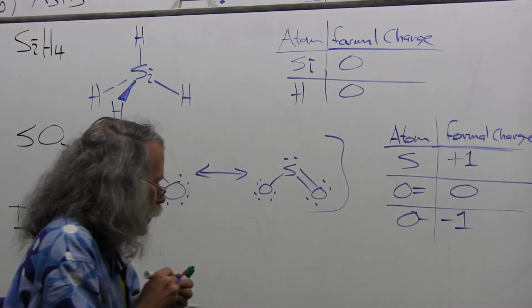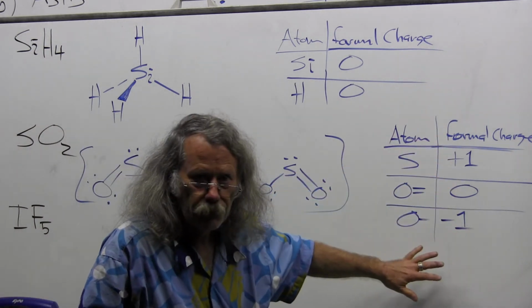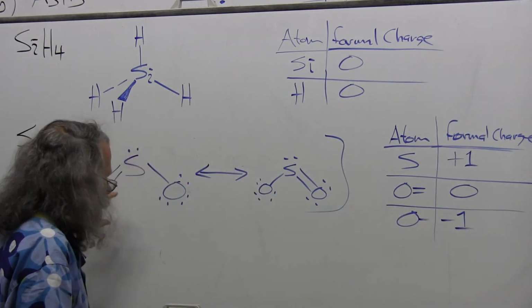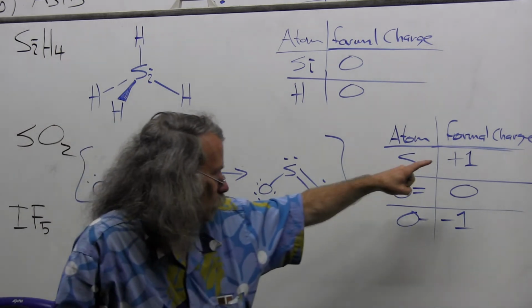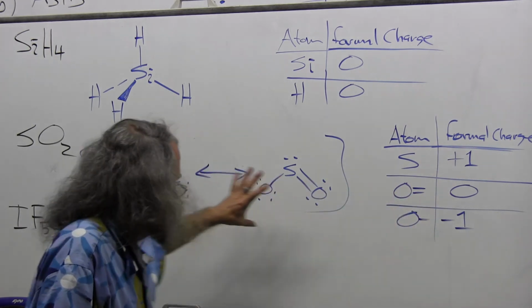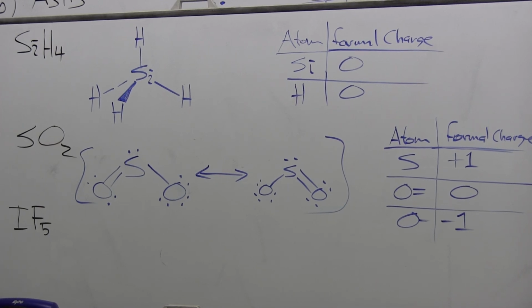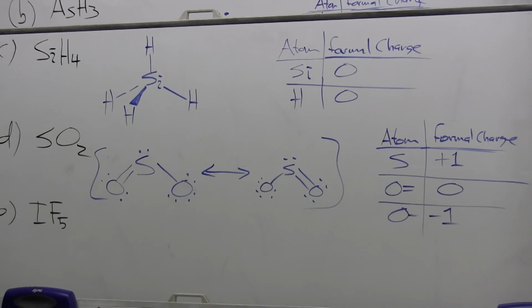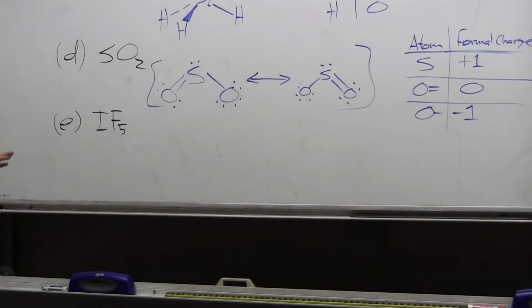And please note, as a check, the sum of the formal charges has to add up to the charge on the molecule, and indeed it does. Plus 1 plus 0 minus 1 is 0, and it's a neutral molecule. So we have now completed the answer for that particular problem. And now we only have 2 more molecules to do.